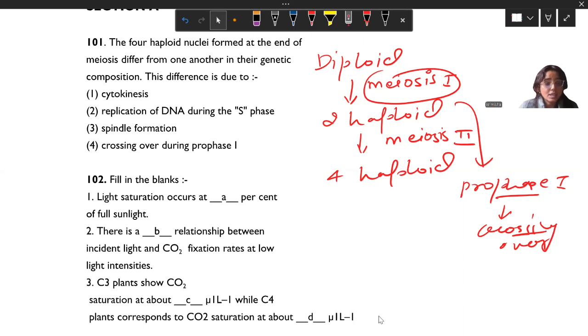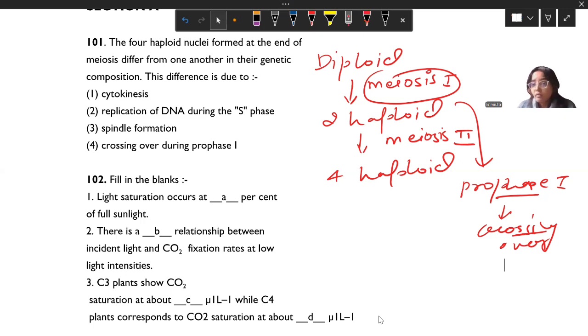So what are the options saying? Cytokinesis is division of cytoplasm. Replication of DNA during S phase is not the reason for genetic variability among offspring of meiosis.